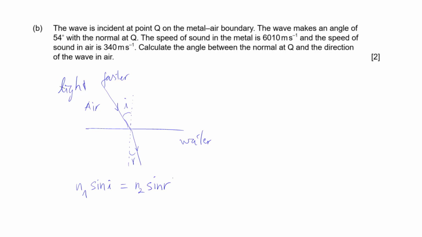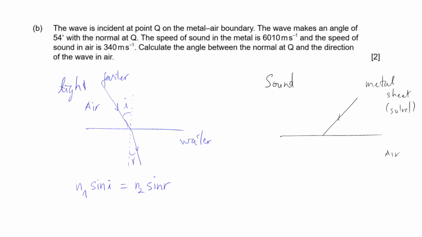But now for the sound. Now we have sound. This sound goes from a denser medium, which is a metal sheet, which is solid, to the air in this direction.